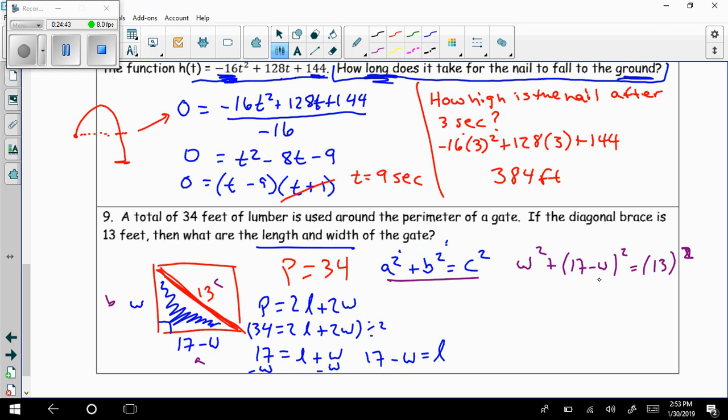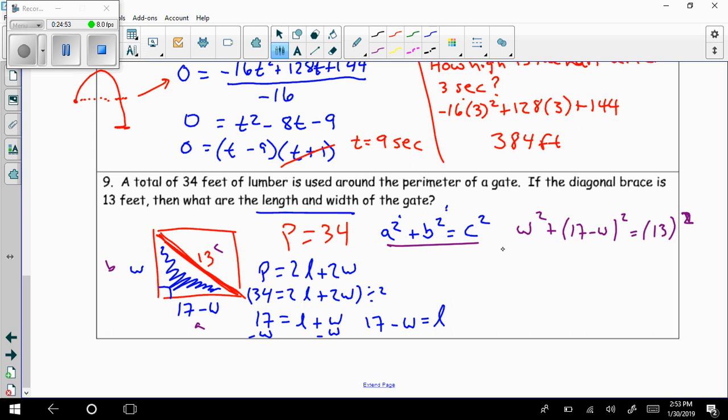Okay, so then I can just expand and simplify. I may not have given myself enough room here for this problem. Apologize for that. So here we have w squared plus, this is a perfect square trinomial, so I'm just going to do this here using the pattern.